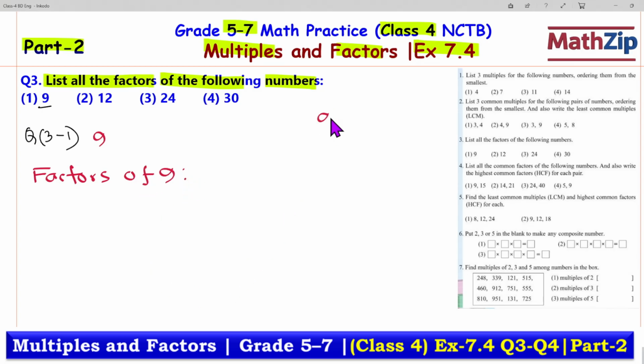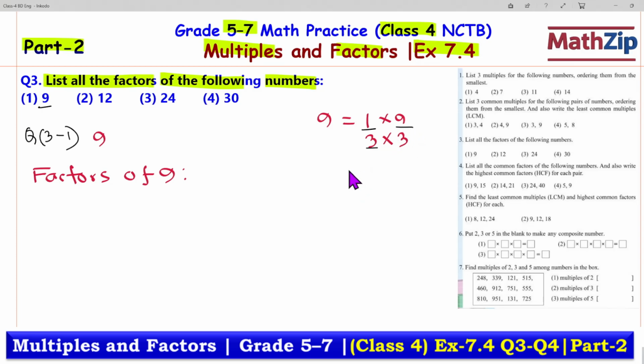Look, 9 we can write as 1 times 9. We cannot divide 9 by 2, but we can divide by 3. So 3 times 3. So here we get three numbers: 1, 3 and 9.